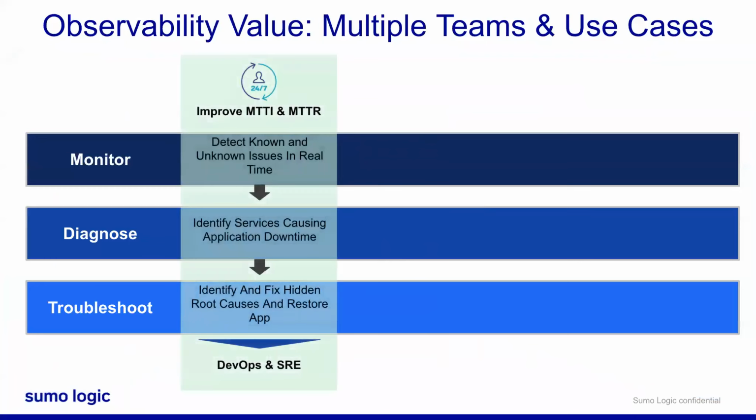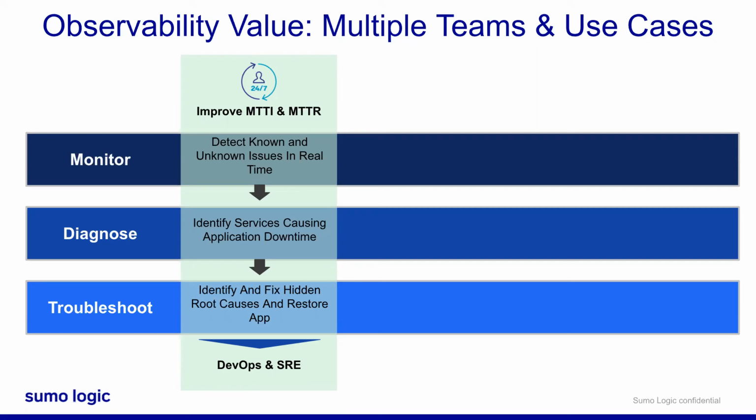Another variation on this similar theme: who in your organization can gain value from observability? Well, the simple answer is everybody, but to be more specific, for example, DevOps and SRE teams, those individuals responsible for monitoring the health of an application, are going to need observability so that they can quickly monitor, diagnose, and troubleshoot application health issues.